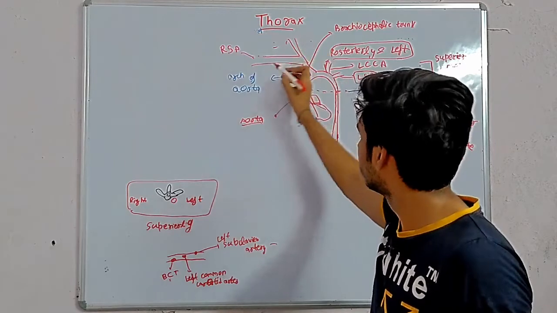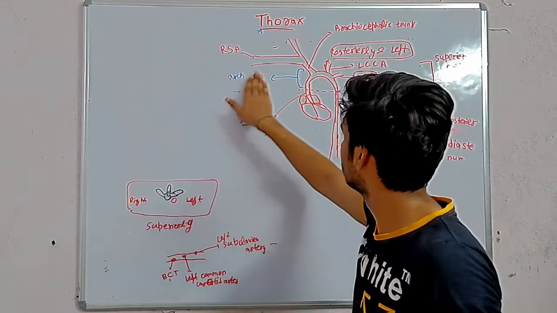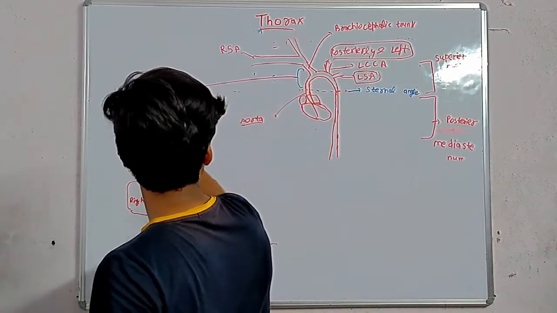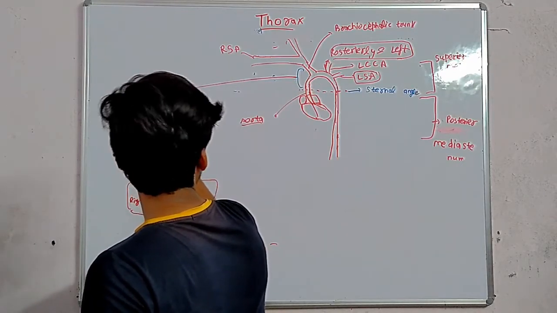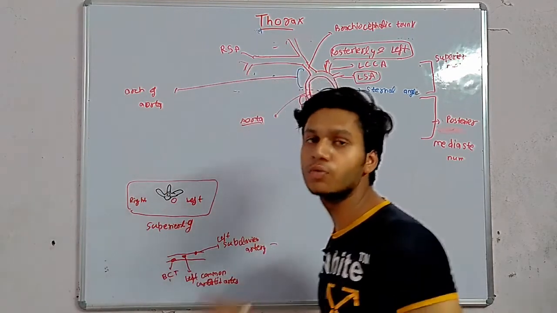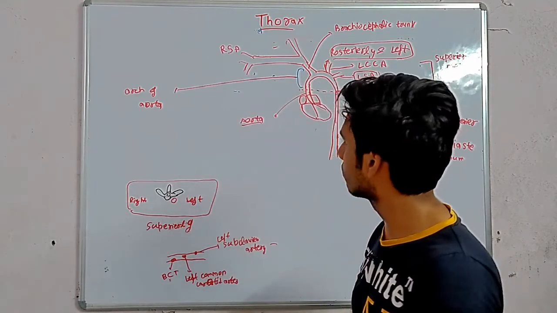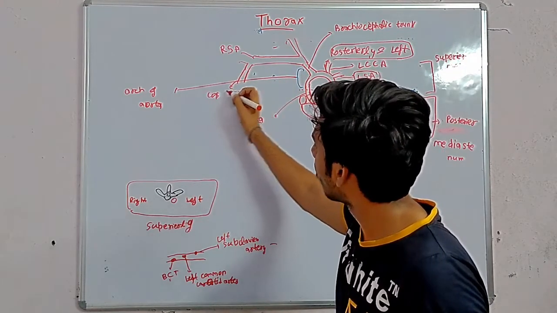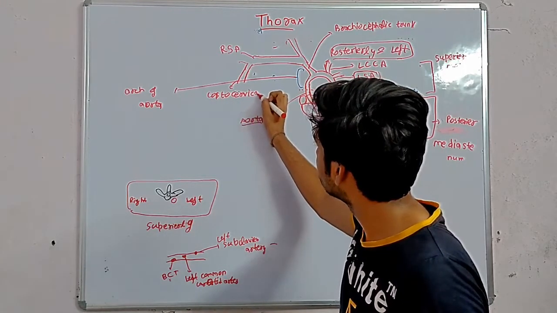Done. It gives a branch from the aorta. It gives a branch called the costocervical trunk, a branch of the subclavian artery, which is the costocervical trunk.